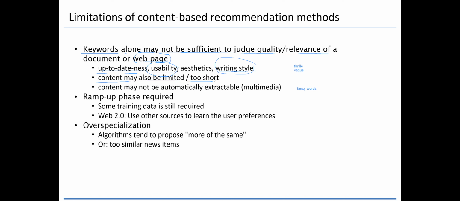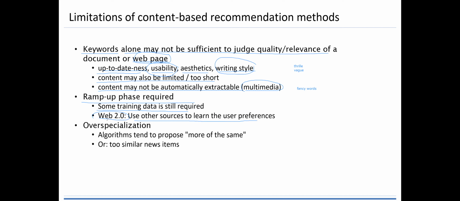Content may also be limited or too short. If the content is too short, we cannot judge the quality. Content may not be automatically extractable, for example video or multimedia. Ramp up phase required. It means some training data is still required, and Web 2.0 uses other sources to learn the user preferences.